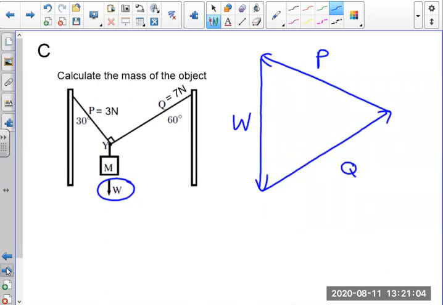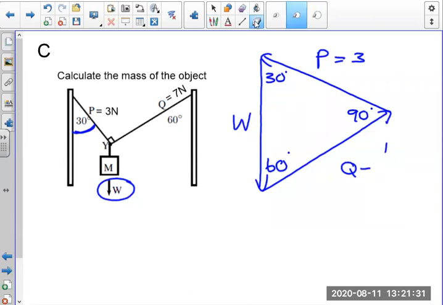Okay. Now, this is P with the vertical, so that is 30 degrees. And this one is going to be, if I look at that, 60 degrees. So this angle is 60. Again, we have a 90 degrees, not always going to be a 90-degree triangle. What they give us is either P or Q, Q is 7, that we can use. It doesn't matter which one you choose to use now.